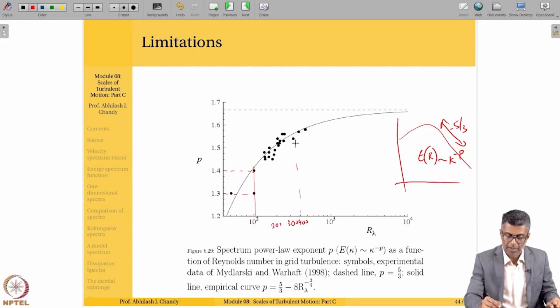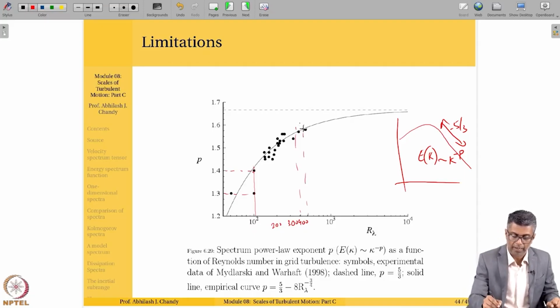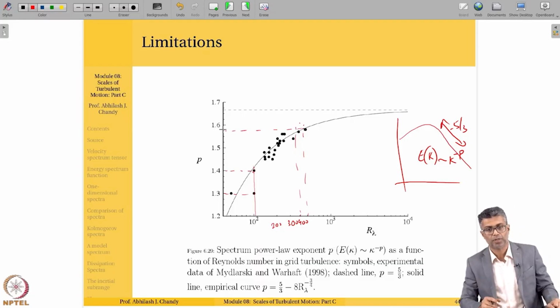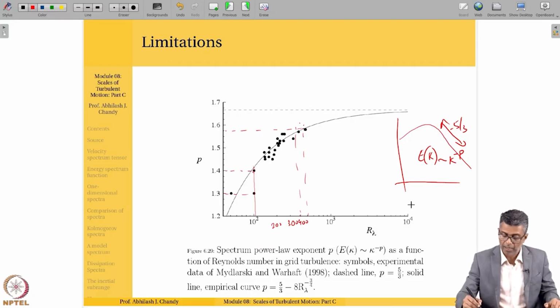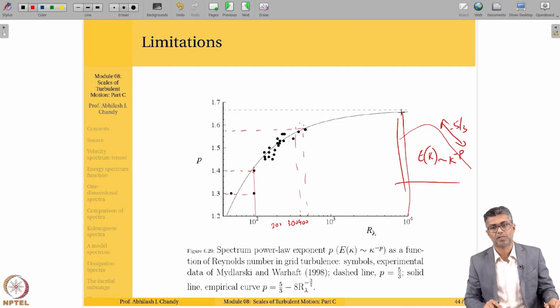As I'm getting to a Reynolds number of R lambda of 400 and 500 and so on, I am getting close to 1.6, not even 1.6. So that tells you that for it to be close to 1.67, 5/3 as we think it should be, R lambda should be close to 10,000. Then it will be close to 1.67. So that is how high R lambda has to be.